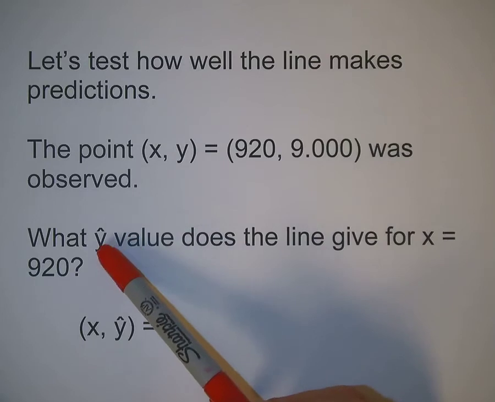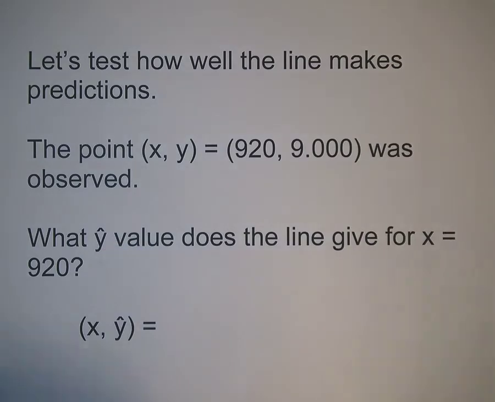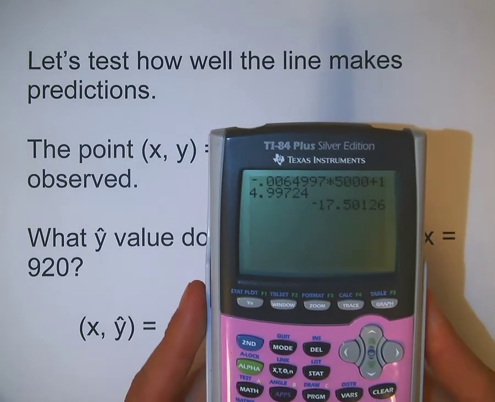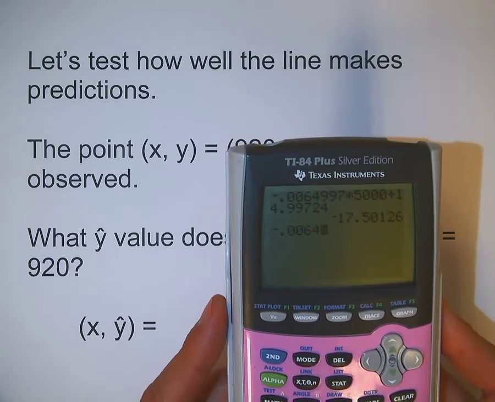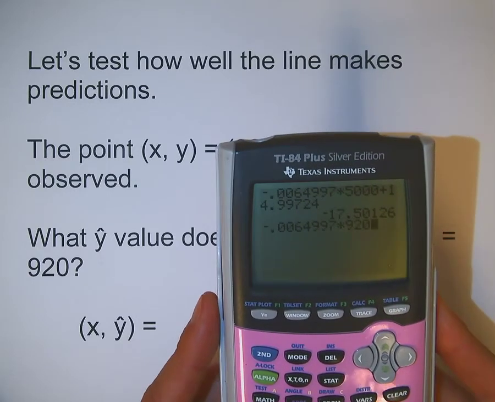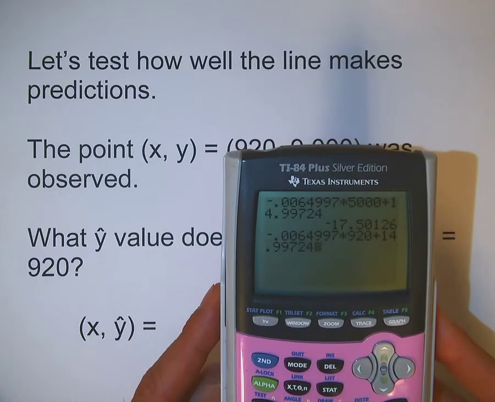Now what y hat value does the line give for x equals 920? When we're talking about y hat, we're talking about a predicted y value, and that comes from the equation. So I'm going to do the same thing, but put 920 in there. I type in my equation, multiply by 920, plus 14.99724.